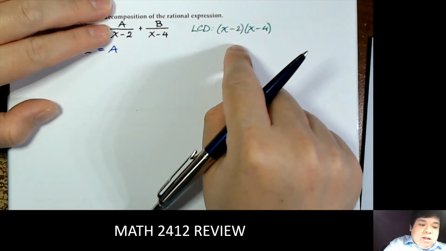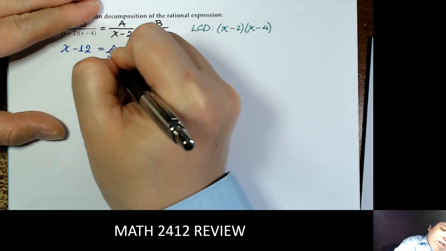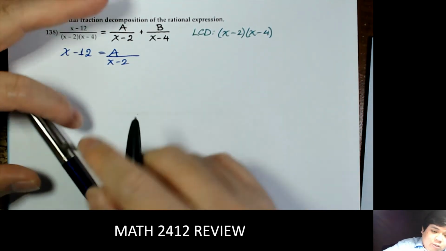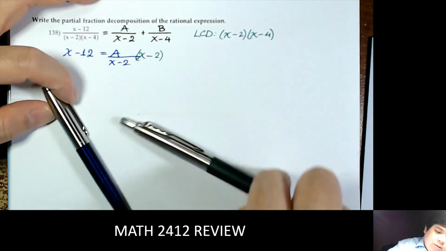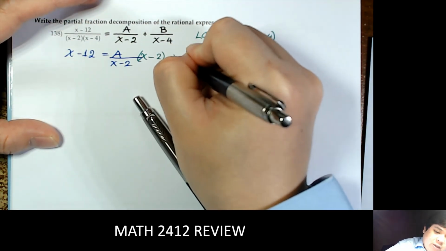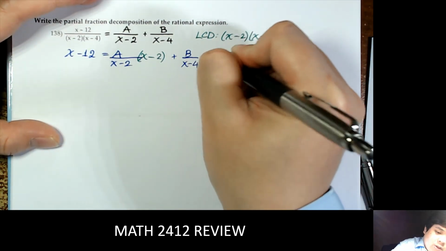Now, let's just write this out for a moment. A multiplied by x minus 2, plus B over x minus 4 multiplied by x minus 2, x minus 4.